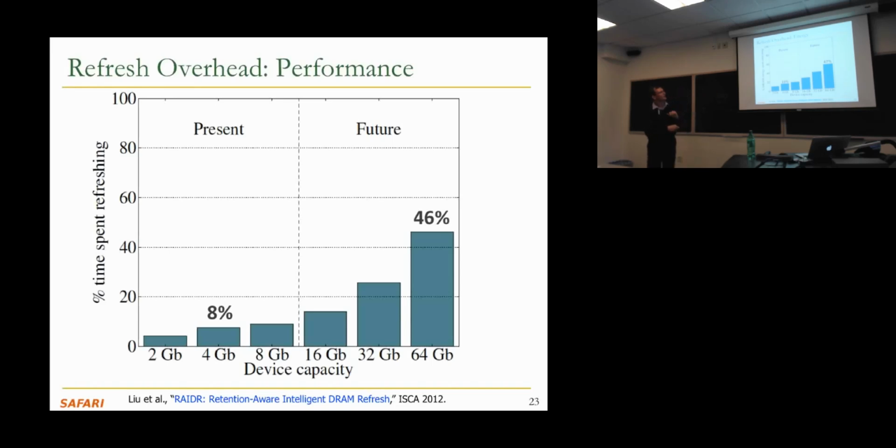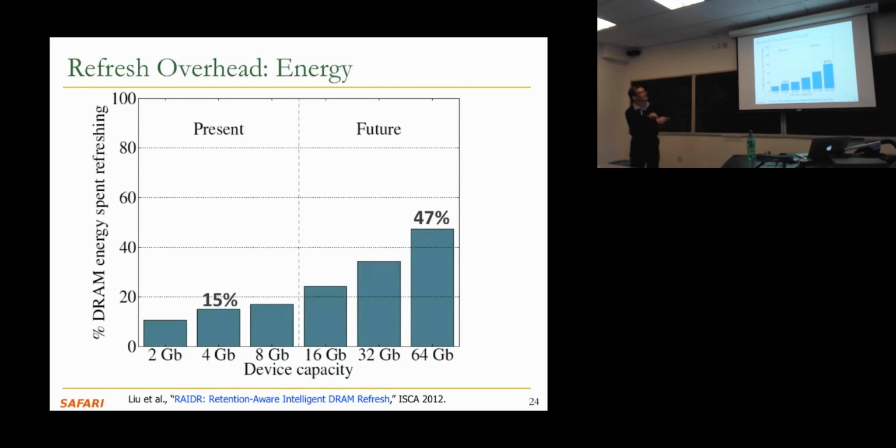And this is the overhead in terms of energy. Again, this is device capacity on the x-axis and percentage of DRAM energy spent refreshing. Today we spend 15% of the memory system energy, which could be significant. Memory system energy can consume about half of the entire system energy. In fact, IBM had done studies on this. There are many other studies, also from Google.